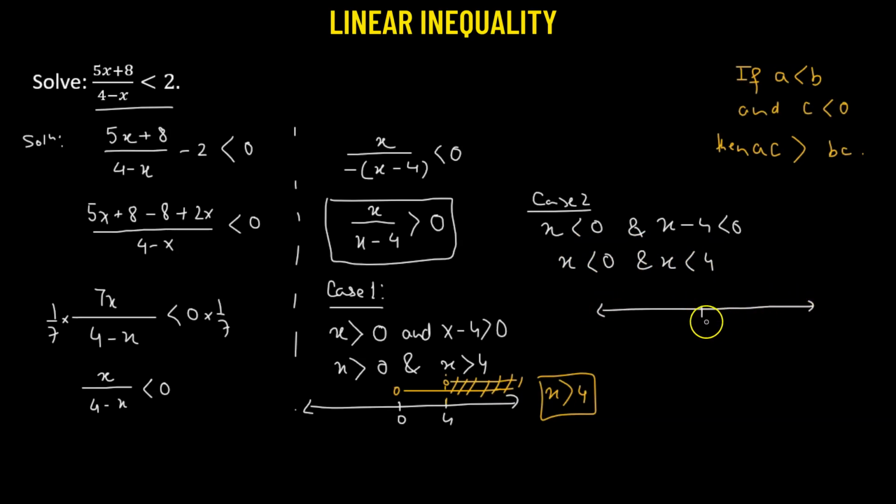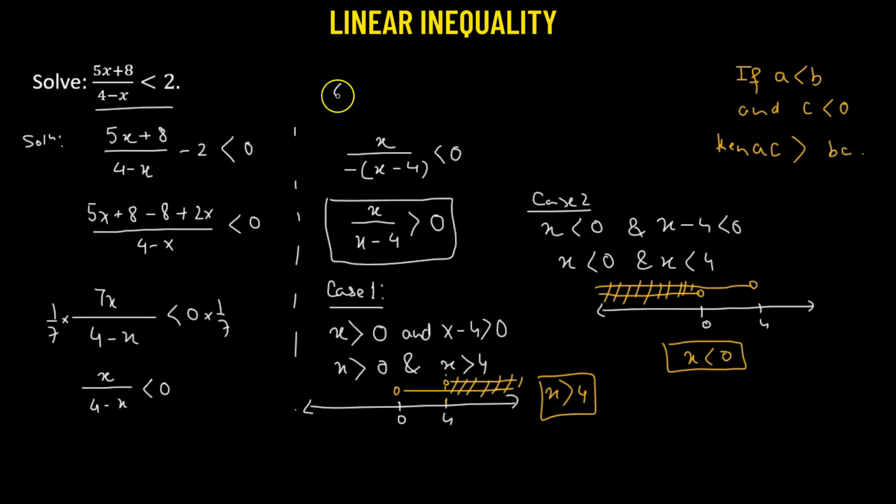On the number line, we consider 0 and 4. x < 0 means all the values lying to the left of 0, and x < 4 means all the values lying to the left of 4. The common solution that satisfies both will be x < 0. So from case 1 we have obtained x > 4, and from case 2 we have obtained x < 0.